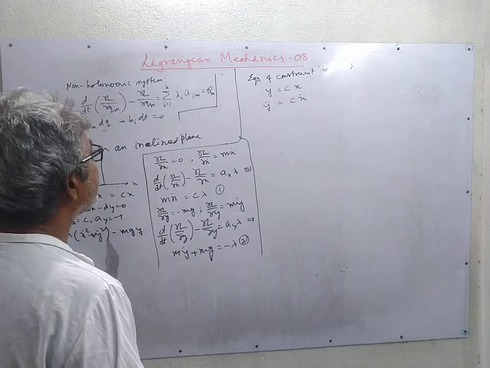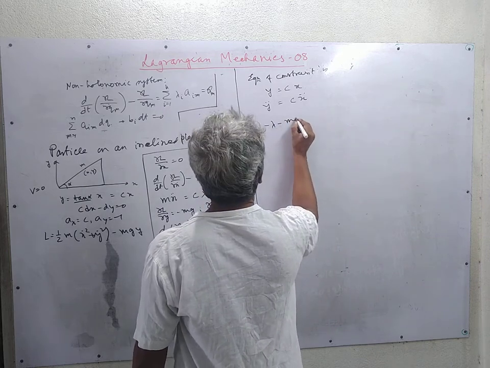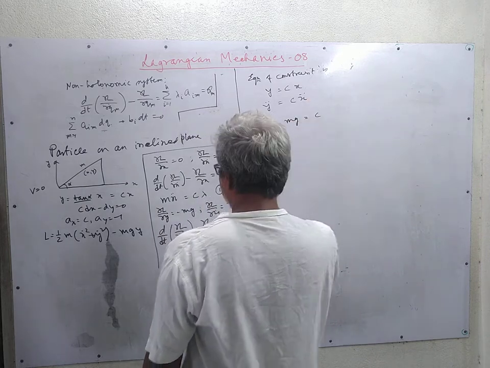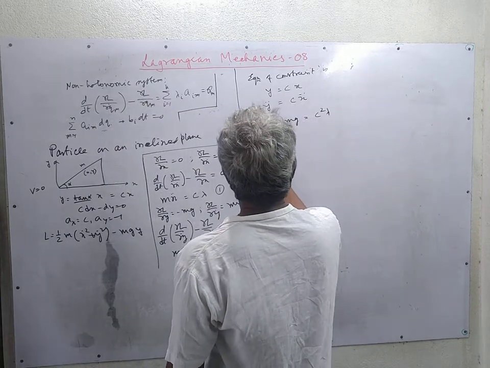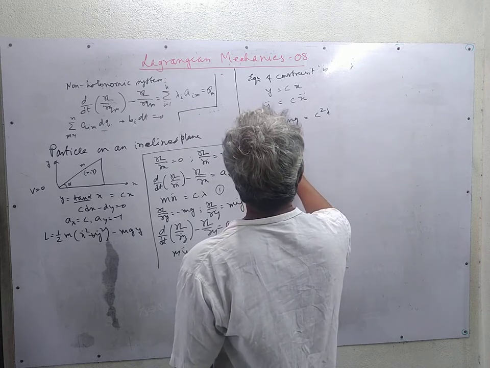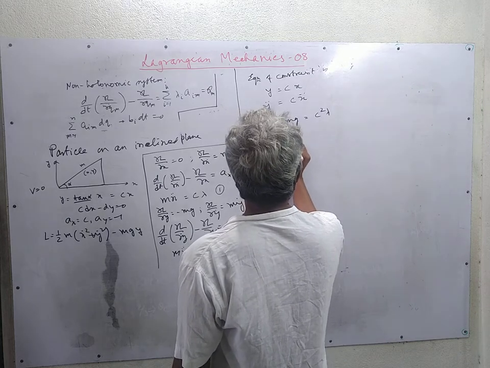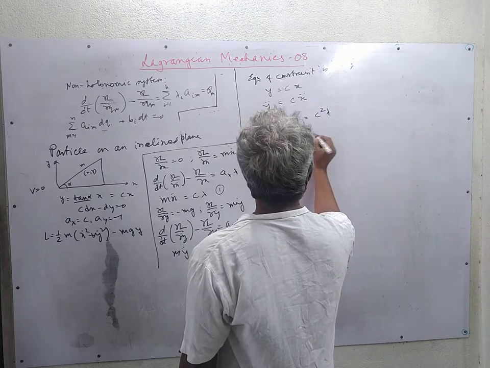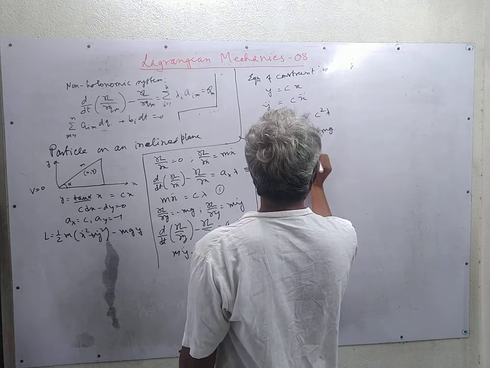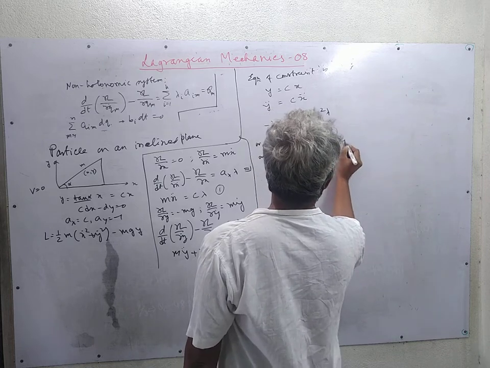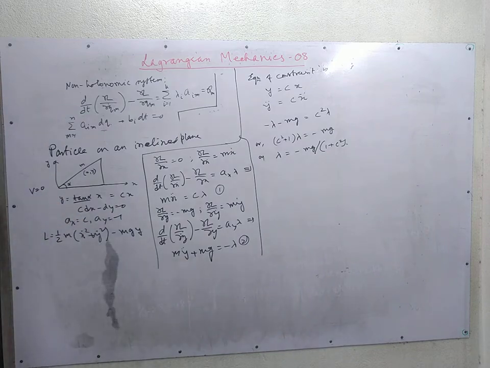We get the expression for y double dot from here: it is minus lambda minus mg, and on the other hand x double dot is C square lambda. So C square plus 1 times lambda is equal to minus mg, or the force of constraint is minus mg over 1 plus C square. So this is the force of constraint.